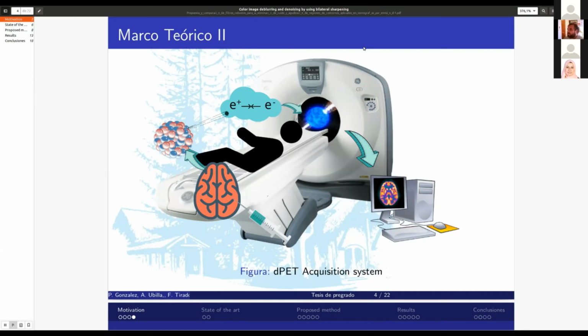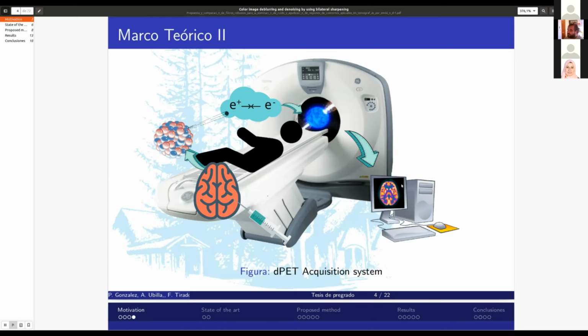And this system detects the gamma production in the patients, and we can produce a dynamic image.